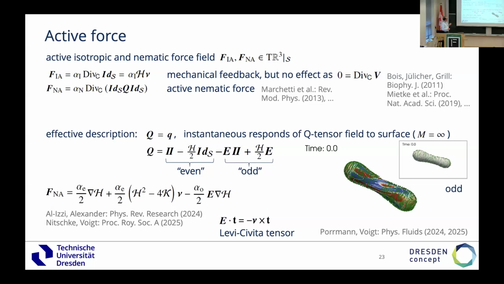So that's the second fundamental form. That's the projection. E is the Levi-Civita tensor. And we can term this the even part and this odd part, in the sense of odd elasticity.